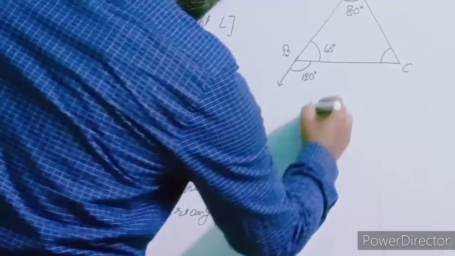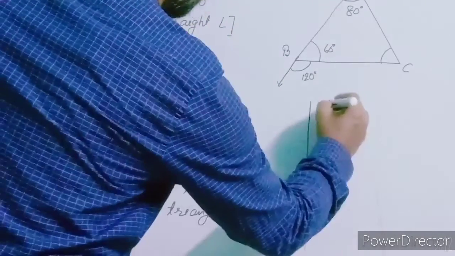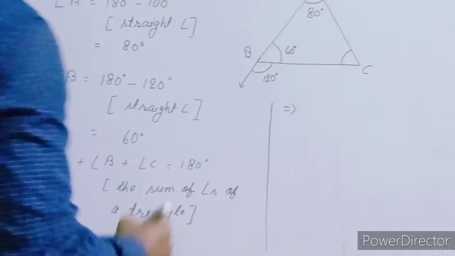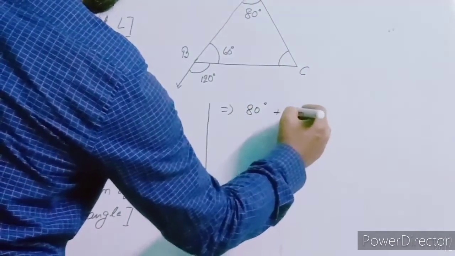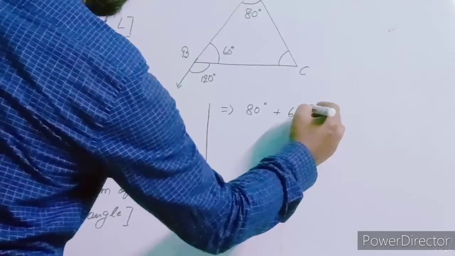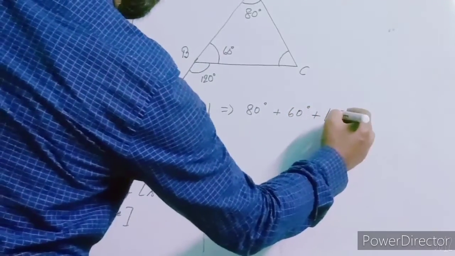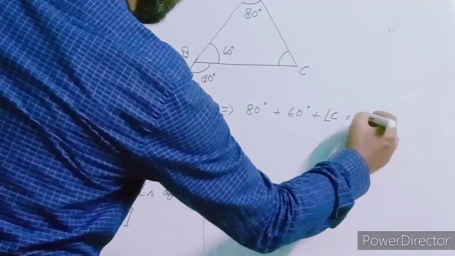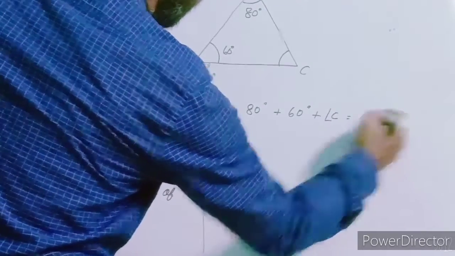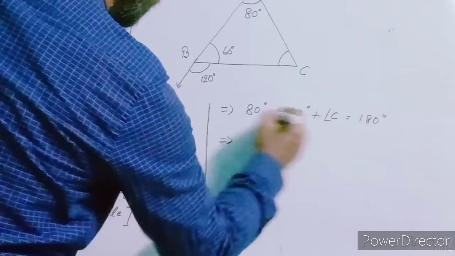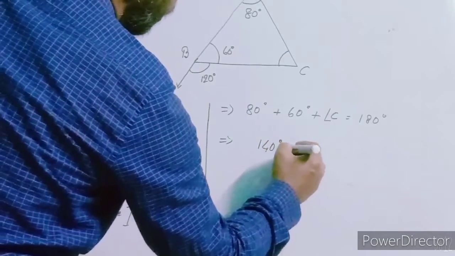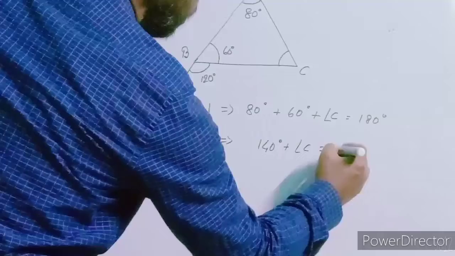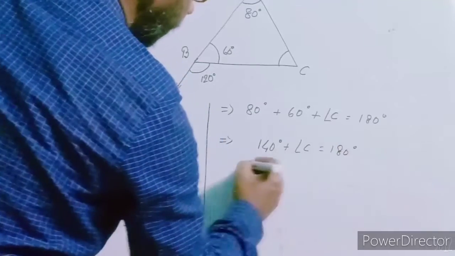We come to this part. Implies that the value of angle A is 80 degree, the value of angle B is 60 degree, and angle C, that is equal to 180 degree. If we add this, we got 140 degree plus angle C equal to 180 degree.